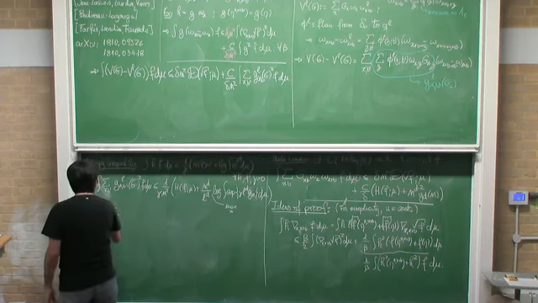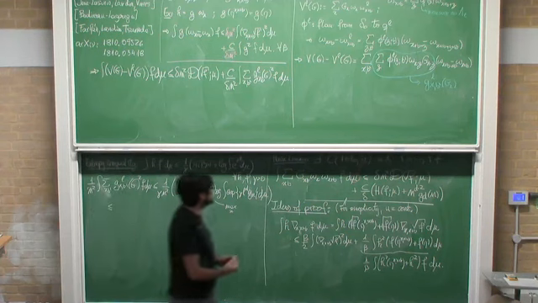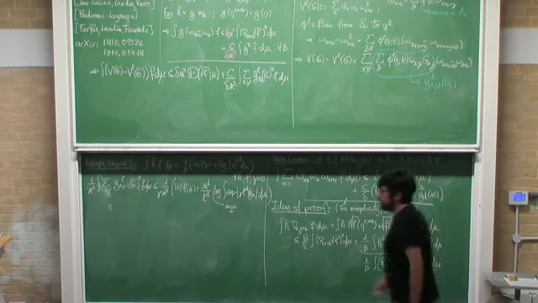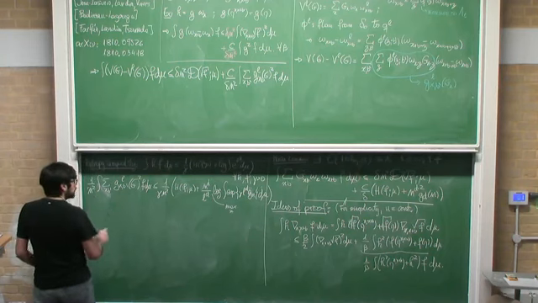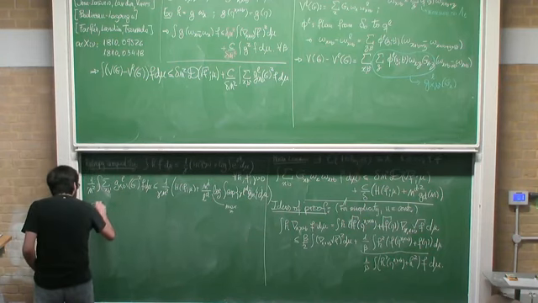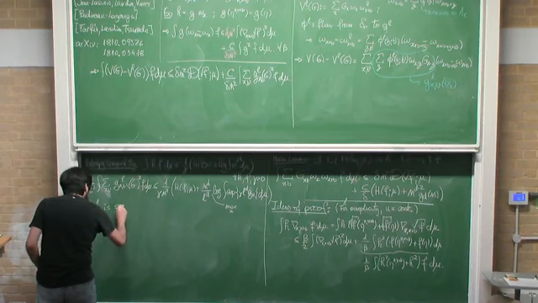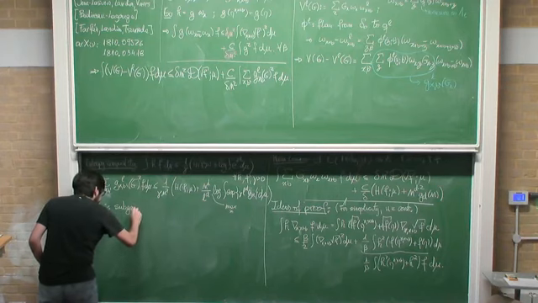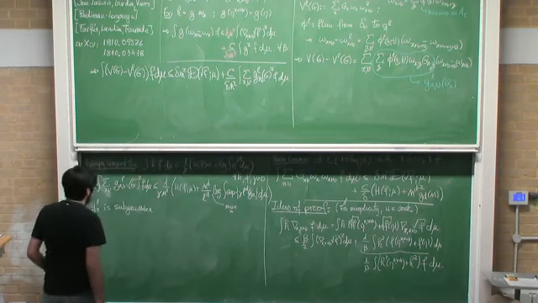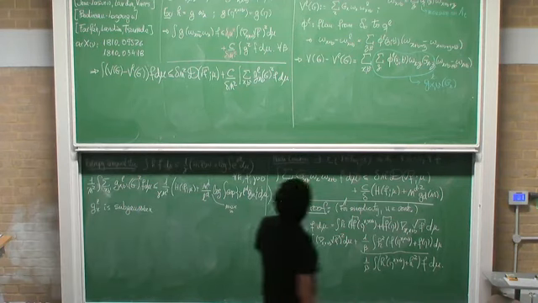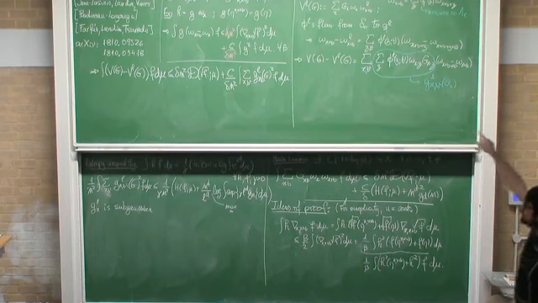Now, the observation we can make is that this function g_{x,L} is sub-Gaussian. What is the definition? You see, it's a sum of independent random variables.